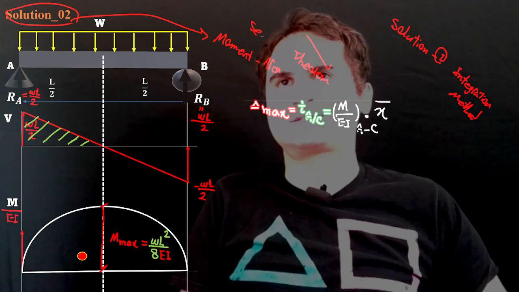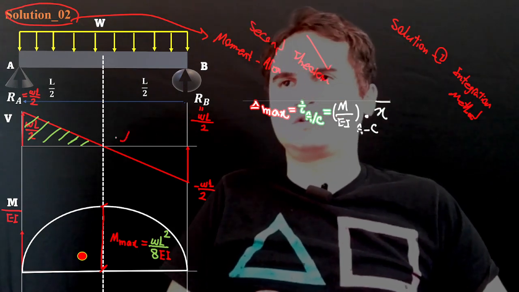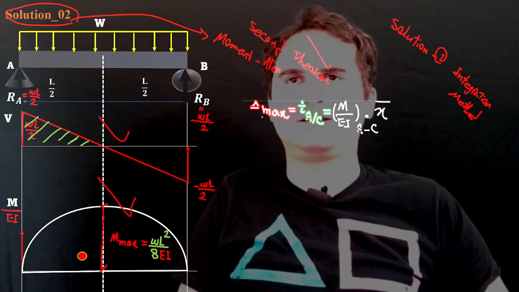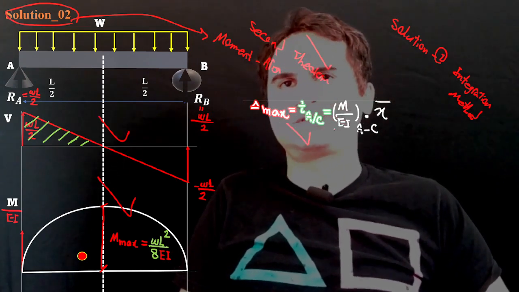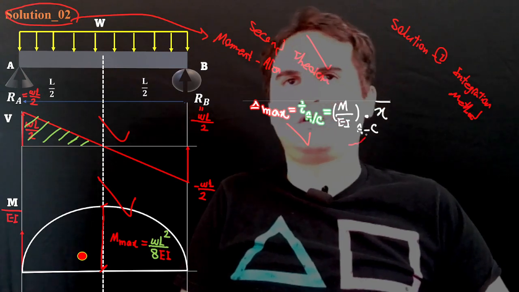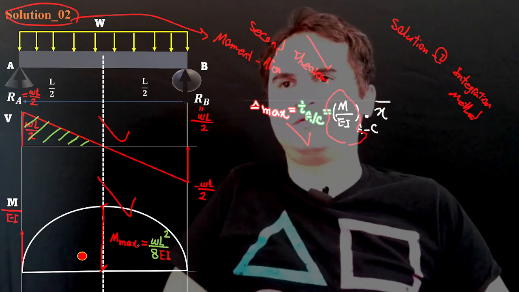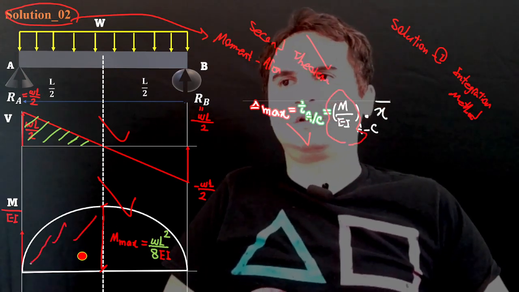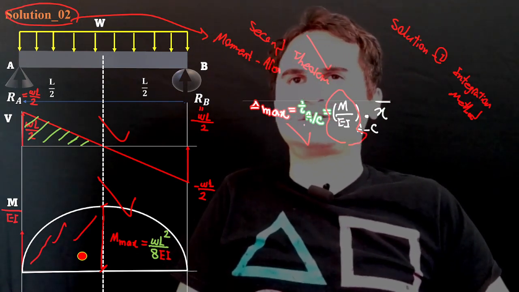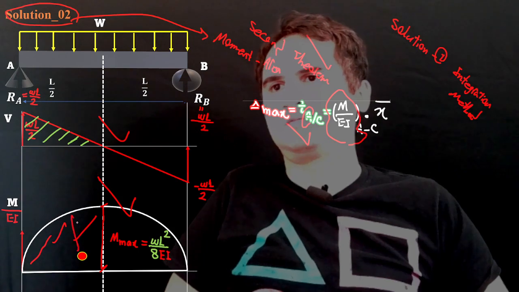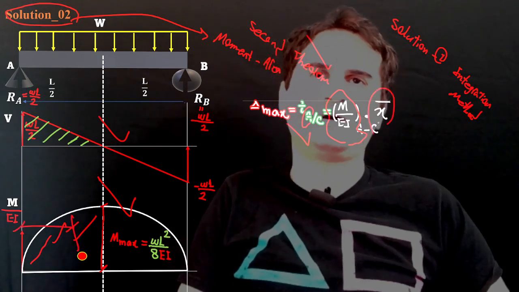If you use the second one, you draw the shear, draw the moment, and calculate the tangential deviation of A with respect to C, that's the area under M over EI times the distance to the first point, times x bar.